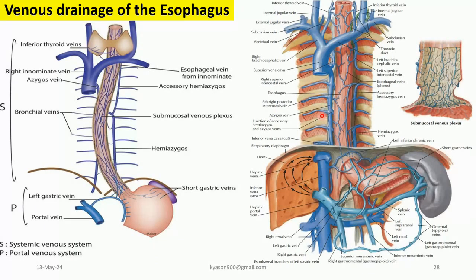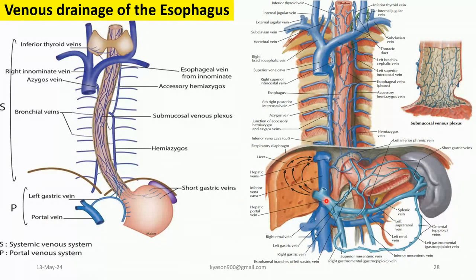Then we have the abdominal portion. This is going to be drained by the left gastric vein. Remember, it was supplied by the left gastric artery, so obviously it's going to be drained by the left gastric vein. The left gastric vein is a vein that's going to later pour blood into the portal vein.